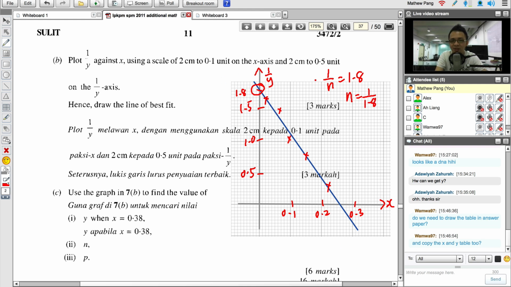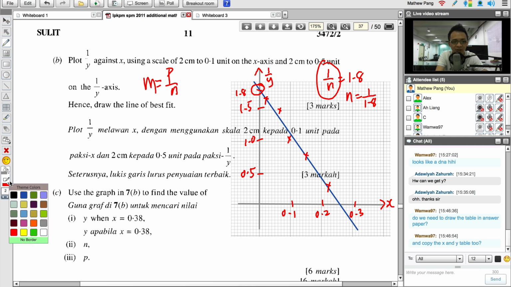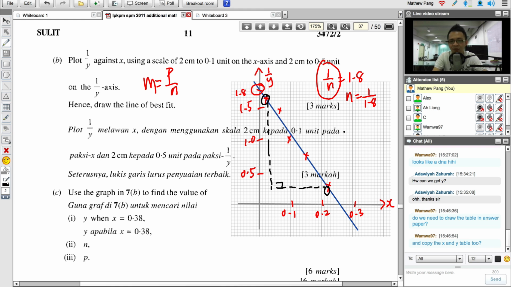And then the other one, P over n, equals the gradient. To find the gradient is very simple. You take two coordinates on the line, draw a right triangle over here, and then use the formula y2 minus y1 over x2 minus x1.